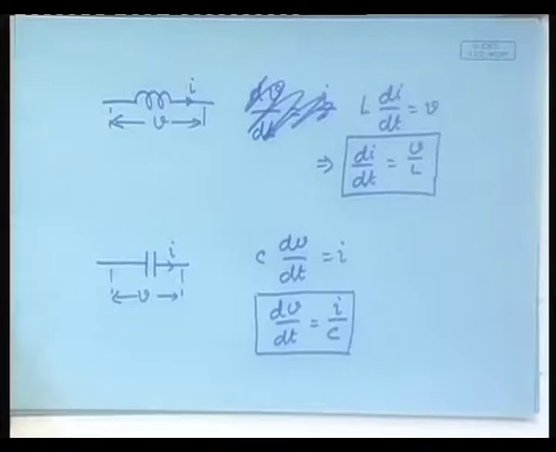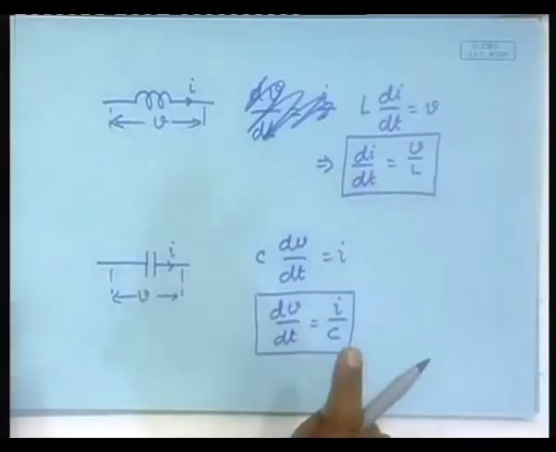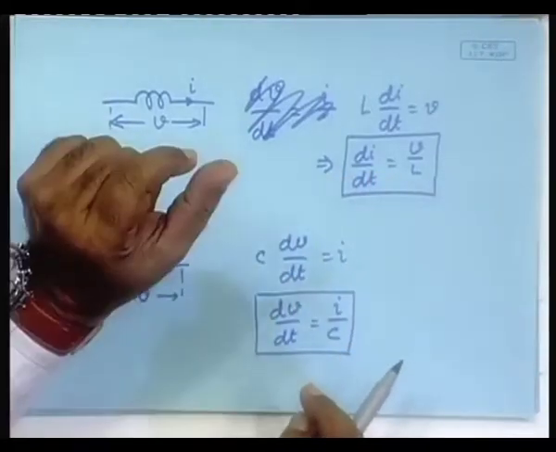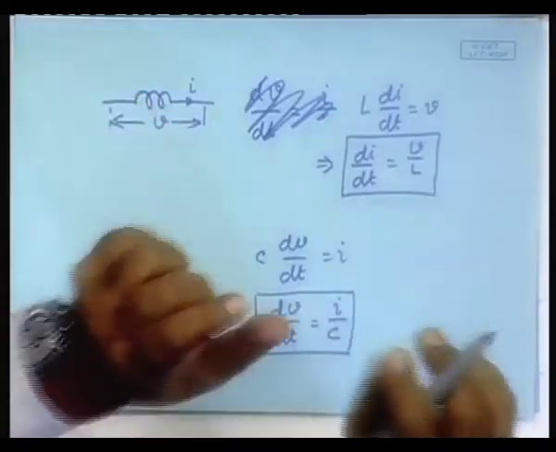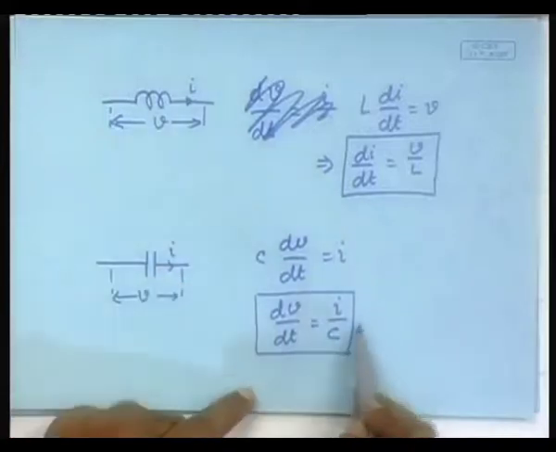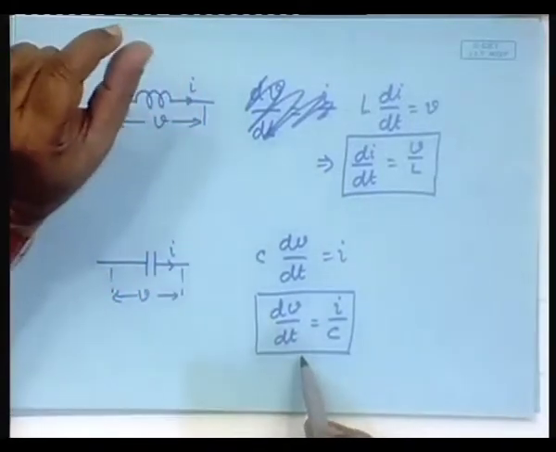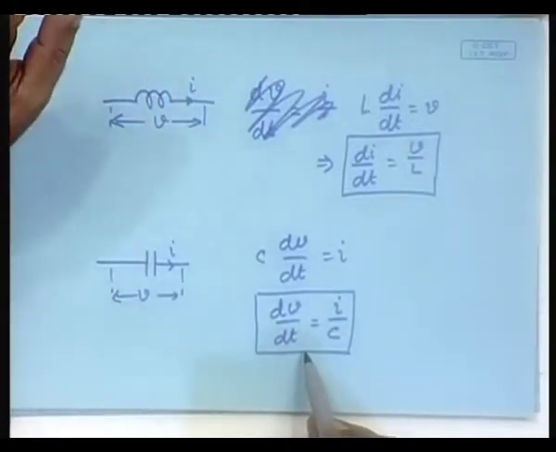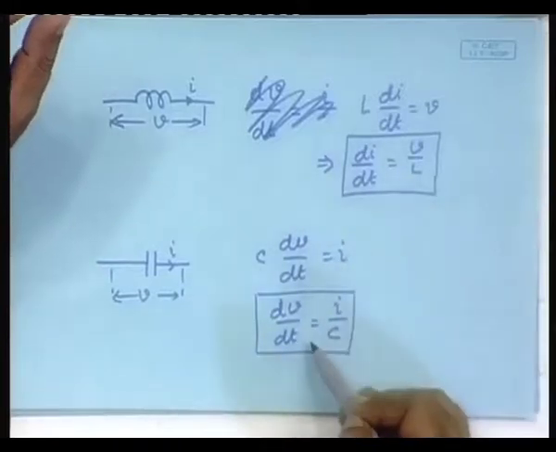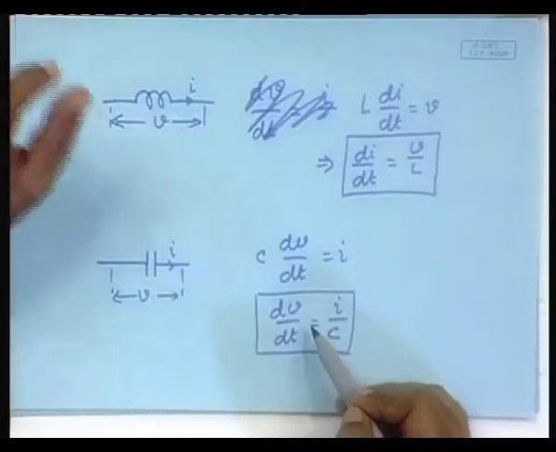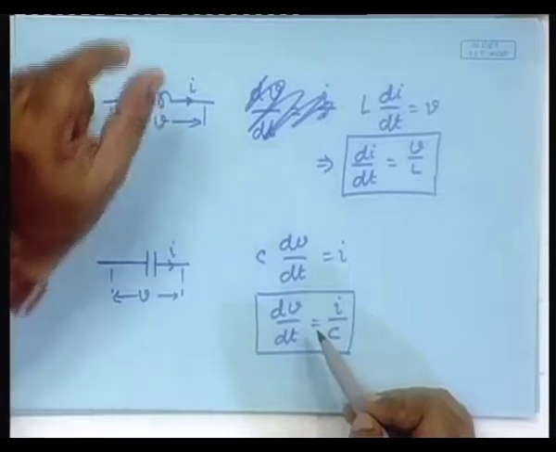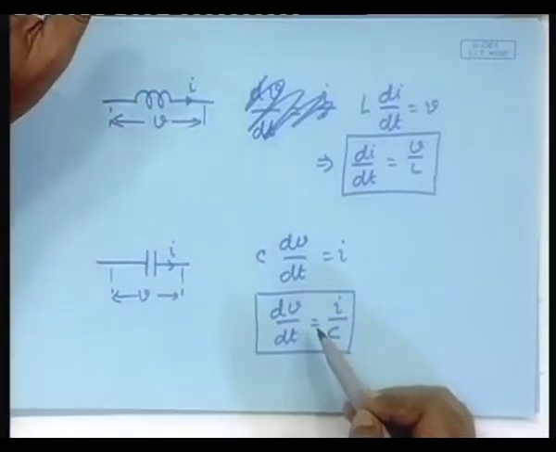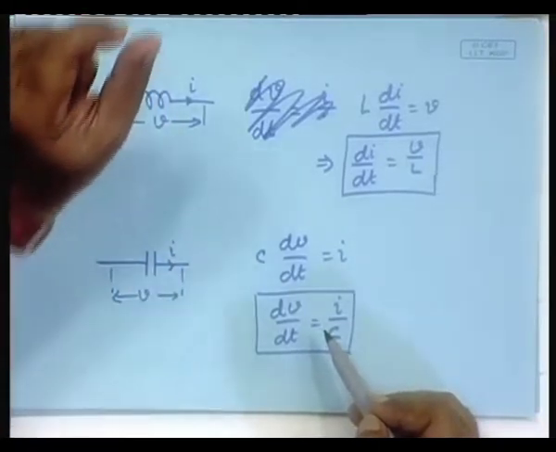The immediate conclusion is that if in the circuit I notice that there is an inductor, then I will be able to write this equation only for that inductor, and if there is a capacitor I will be able to write this equation only for the capacitor. These are first order differential equations. So that leads to the conclusion that for each of the inductors there will be one first order equation, for each of the capacitors there will be one first order equation.